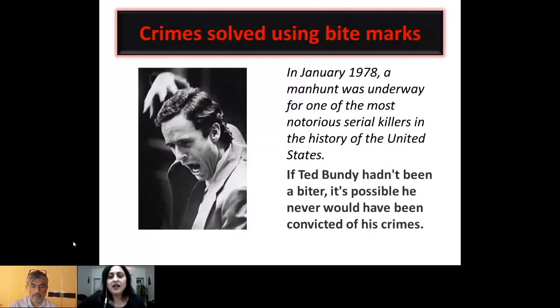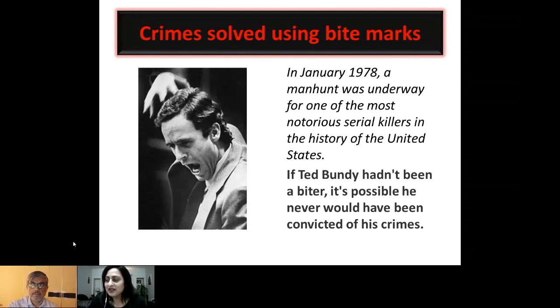The most famous case is the crime which was solved in 1978. Numerous young women, around 30, were killed in various parts of the USA between 1974 and 1978. And Ted Bundy, his name is Theodore Robert Ted Bundy, if he was not a biter, it would not have been possible to convict him of his crimes.